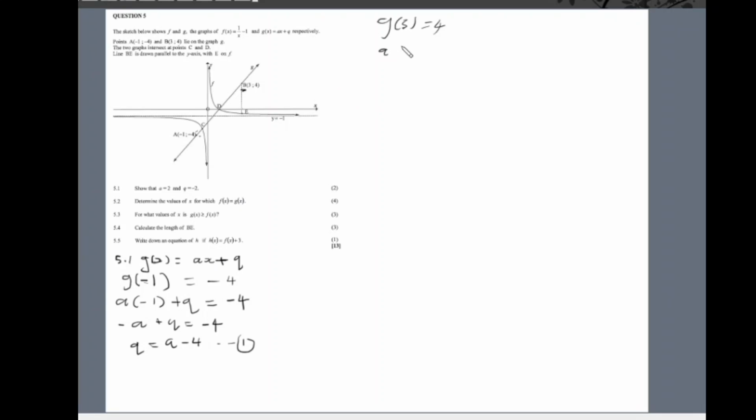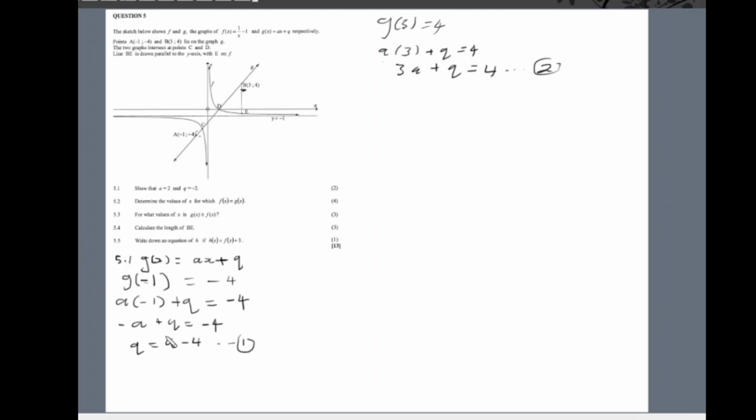So I'll have a times 3 plus q equals 4, so 3a plus q should be equal to 4, right? And then I'll call this my equation 2.